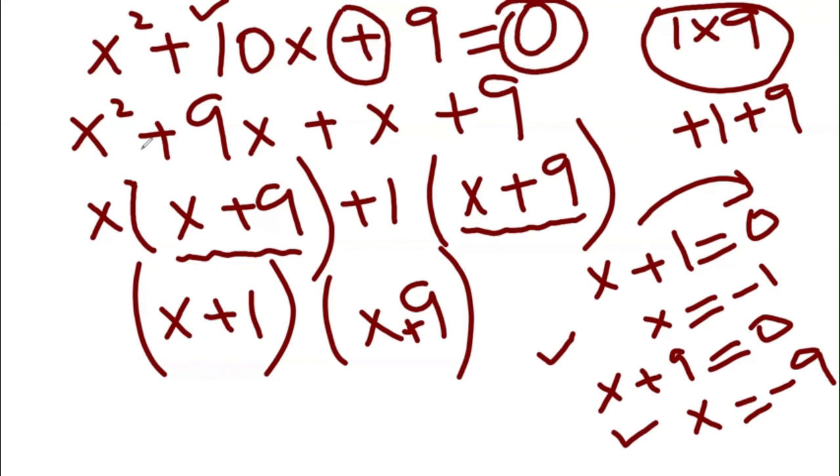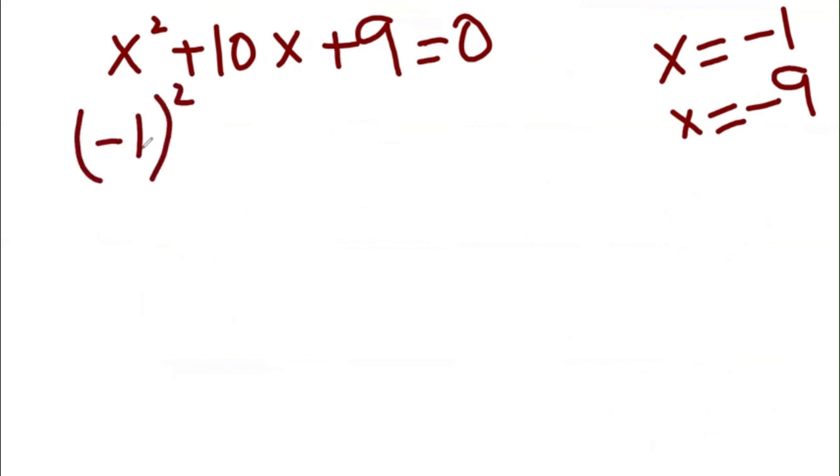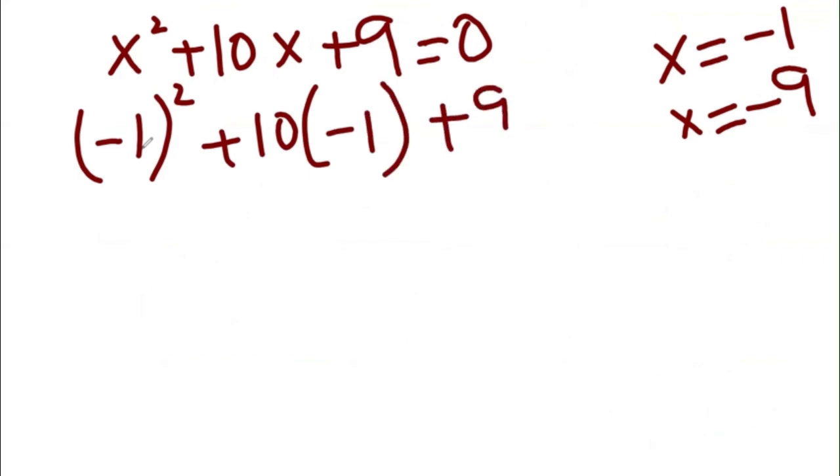Okay, so let's do it. Substitute x equals -1 and x equals -9 in the given question, x squared plus 10x plus 9 equals 0. So substitution of x equals -1: x squared plus 10x plus 9.